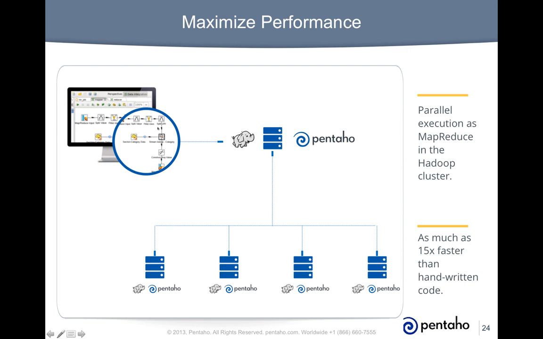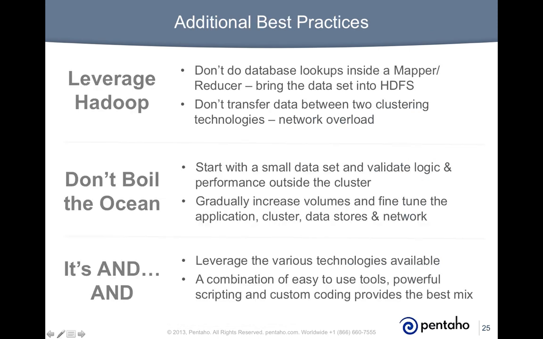No, we actually talk to the name node of the cluster, write some of the jar files and some of the execution mechanisms that are required for Hadoop to execute the MapReduce job that you've designed in the Pentaho designer, and then let Hadoop distribute that accordingly, and let it make its own decisions on how it wants to tackle that particular job. That's pretty important, because that eliminates the need for having to install a separate ETL cluster next to Hadoop if you fully want to leverage Hadoop.